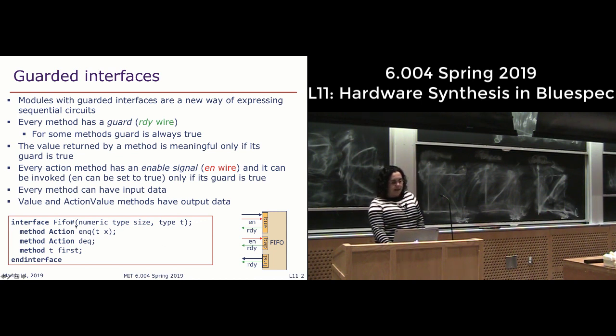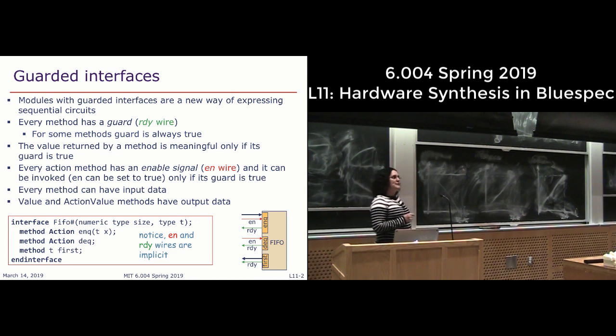We have two action methods, and so both of those are going to have an enable signal. And so we see this red enable signal going into our NQ and our DQ methods. And then our first method is a value method, and so it has data coming out of it. And finally, our NQ has an input parameter, and so this blue arrow here corresponds to the input parameter that the NQ receives.